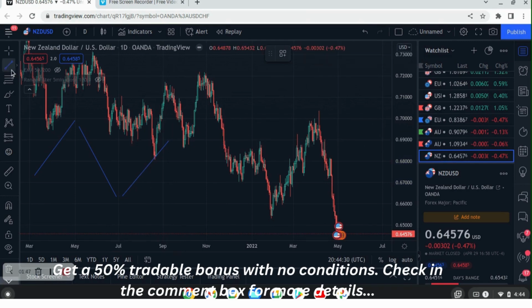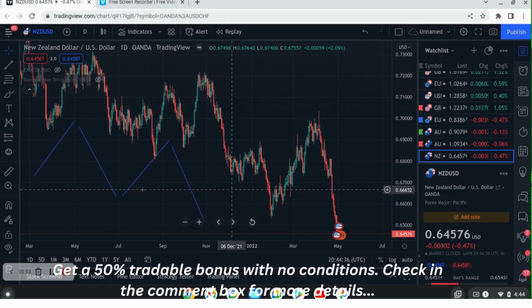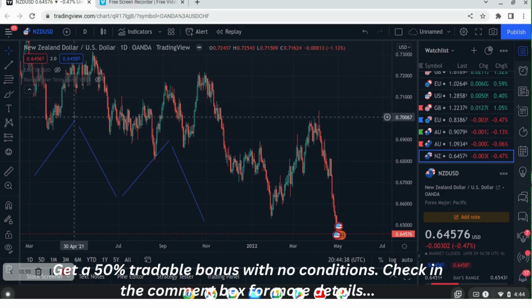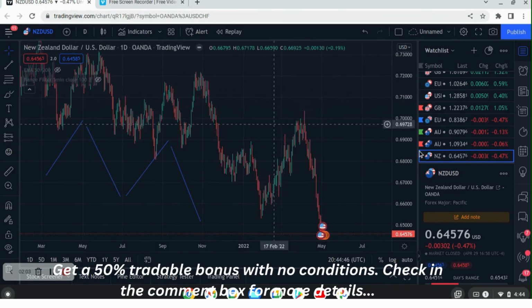You guys get the idea, right? All right, so I won't stay on that all day, right? But lower high, lower low, lower high, lower low, right? So downtrend.